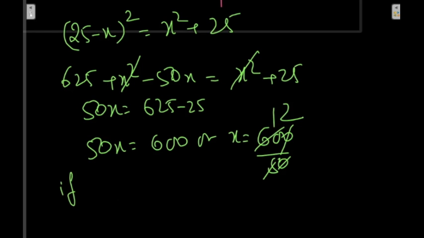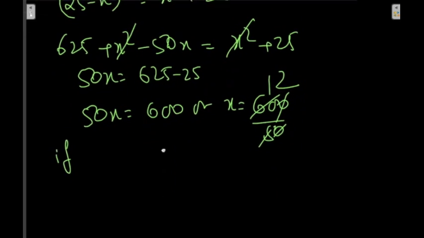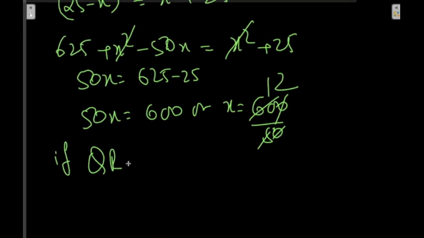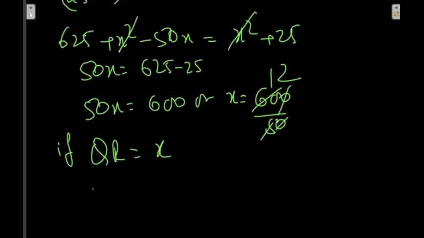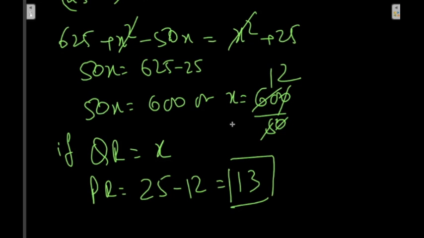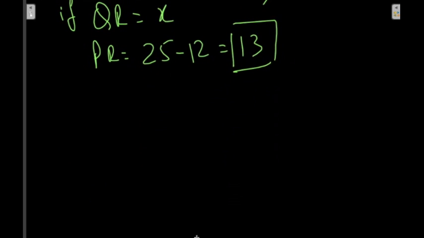Now, what is our X? Our X is QR. If QR is equal to X, then our hypotenuse, that is PR, is equal to 25 minus 12, or this is equal to 13. Now we have got all the three sides. So our triangle now looks something like this, a little shorter one.